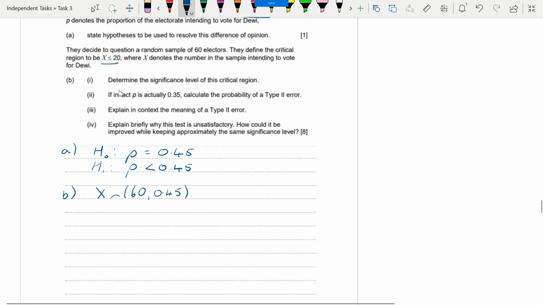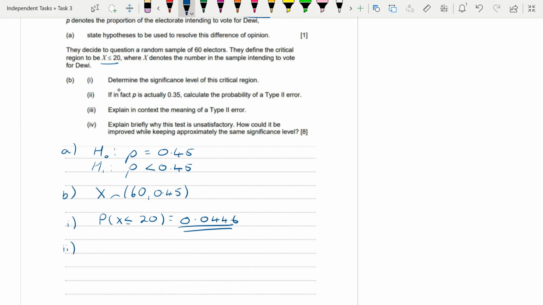They first want me to determine the significance level for the critical region. So that is simply me finding the probability of X being less than or equal to 20. That's what the actual significance level would be. So if I use that, that would be 0.0446. Okay, so that's the significance level I actually use for this question.